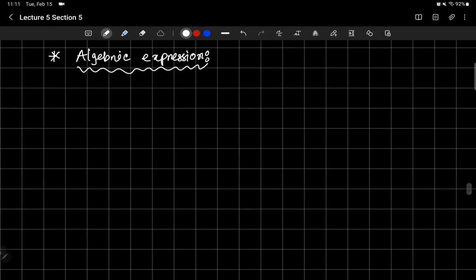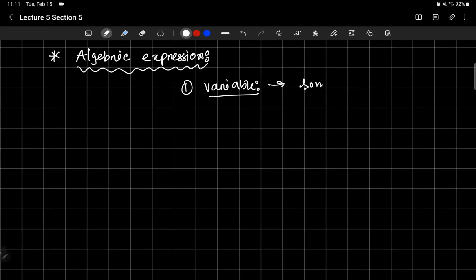When we do algebra, there are two types of things that come up frequently. One is called a variable. It means something that can take many values, or something whose value can change in the course of time.